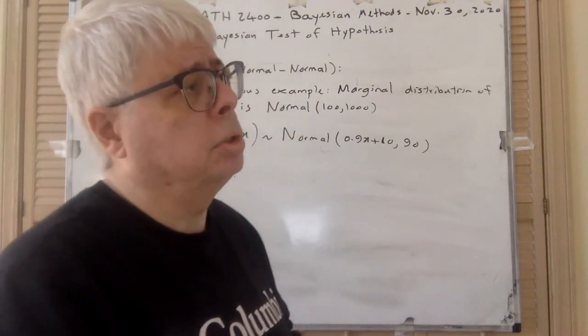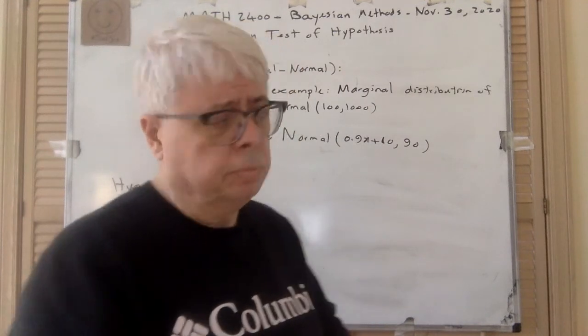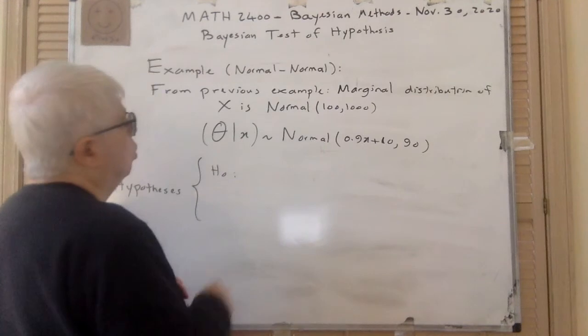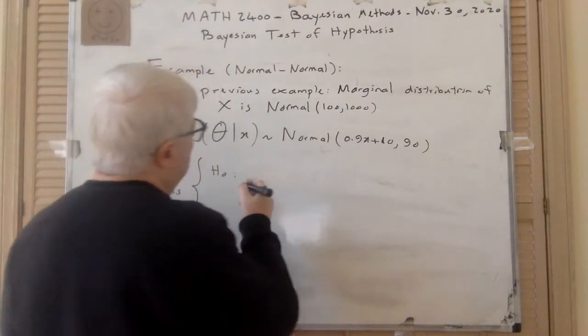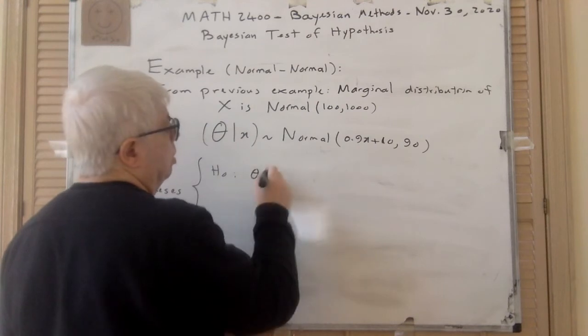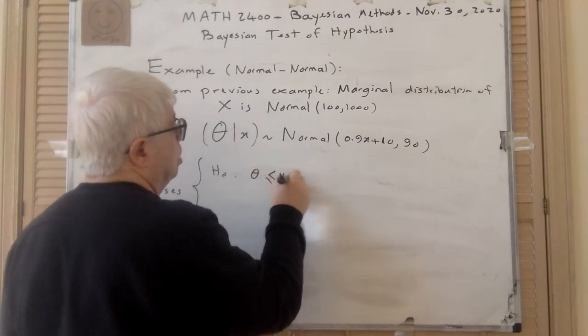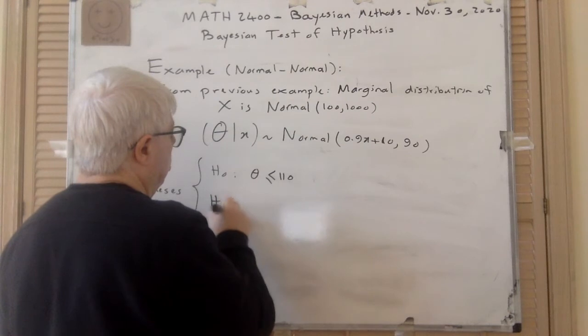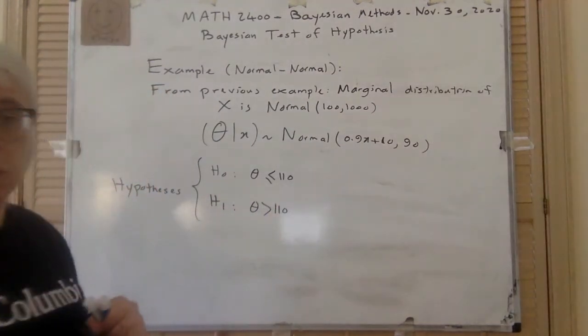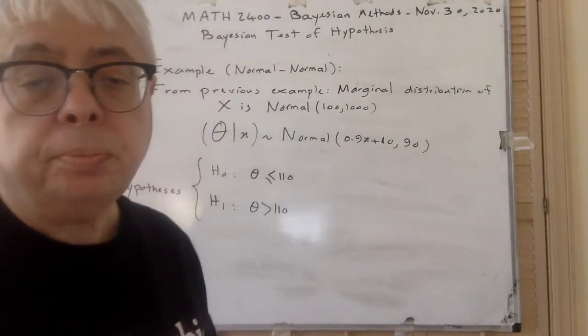And you say, I think that's the mean, which is in fact theta. So you say that H0 is theta is less than or equal to 110, and H1 is that theta is bigger than 110.